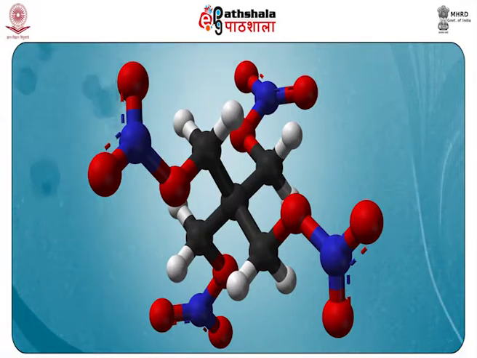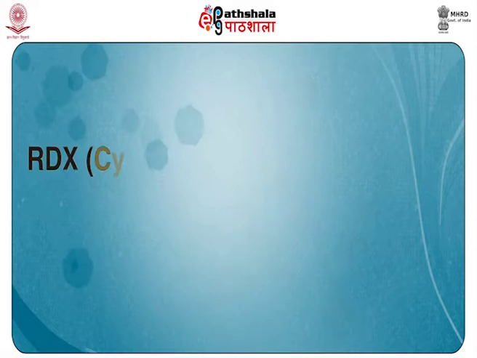Nitration of pentaerythritol is achieved by adding it to concentrated nitric acid at 25 to 30 degrees Celsius to form PETN. The crude PETN is then removed by filtration, washed with water, neutralized with sodium carbonate solution, and finally recrystallized from acetone. This results in a 95% yield of PETN.